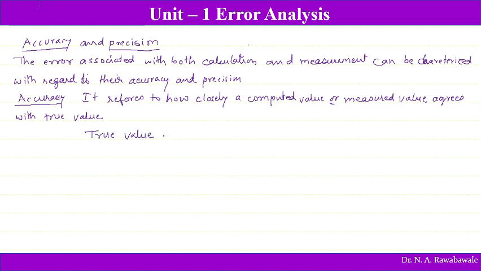For the dimension of a shaft, the true diameter of the shaft is say 10 mm, and you are going to measure this diameter. Say this is the shaft having diameter 10 mm. You are measuring its dimension 3 times.